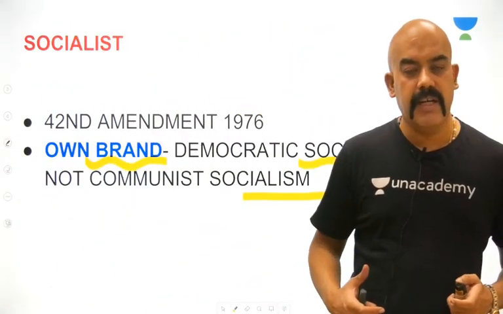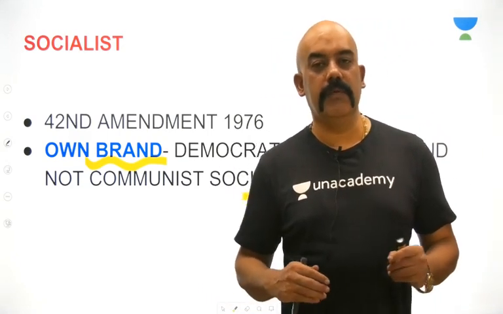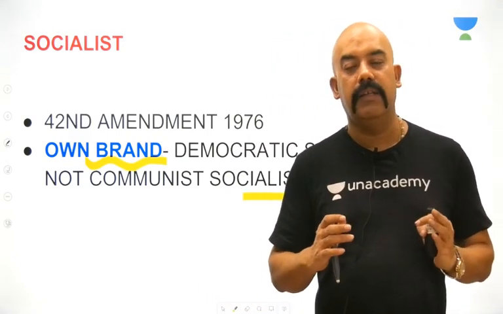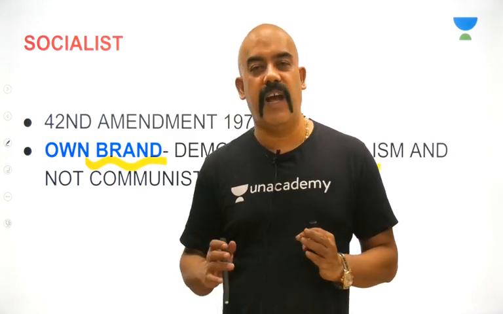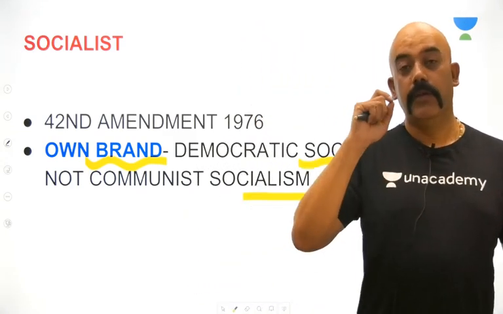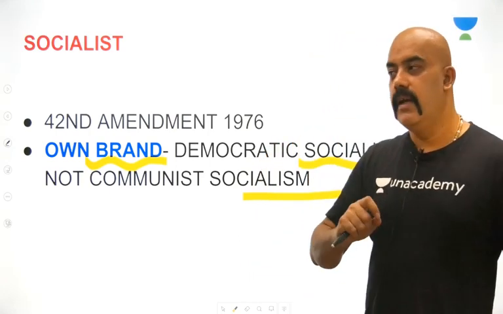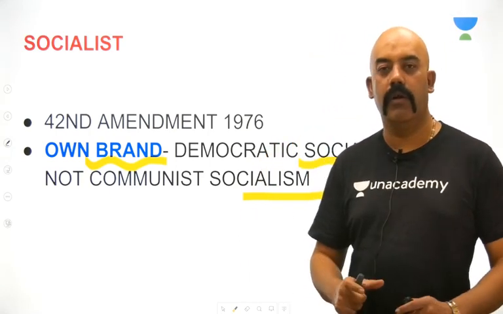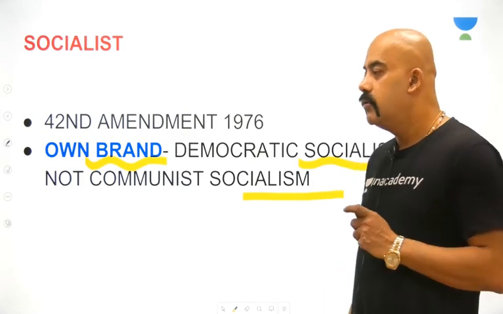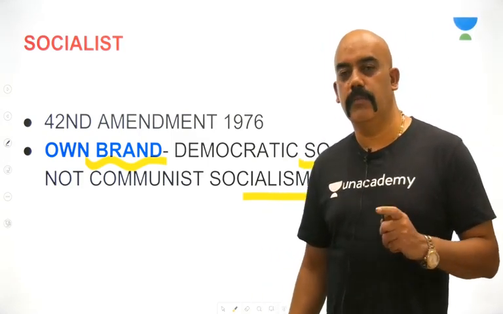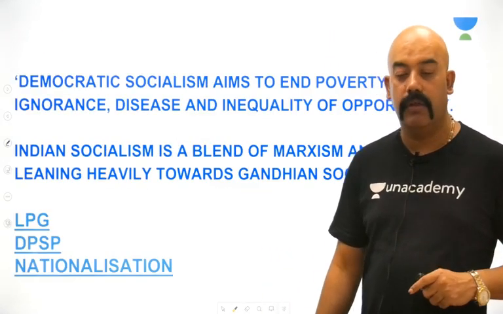Now, what is this democratic socialism? Democratic socialism is 80% Gandhian socialism and only some fraction of Marxist socialism. So we believed in equality of status and opportunity, instead of the state controlling all resources and distributing them equally. So we have a democratic socialism concept as compared to the Marxist socialism concept.